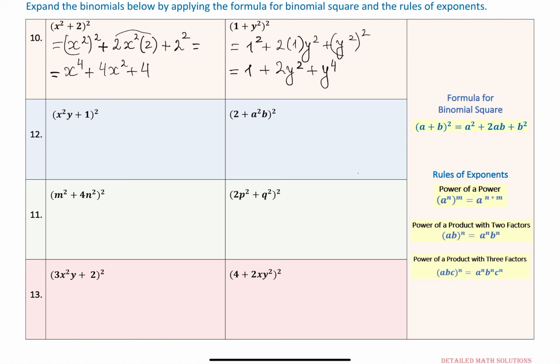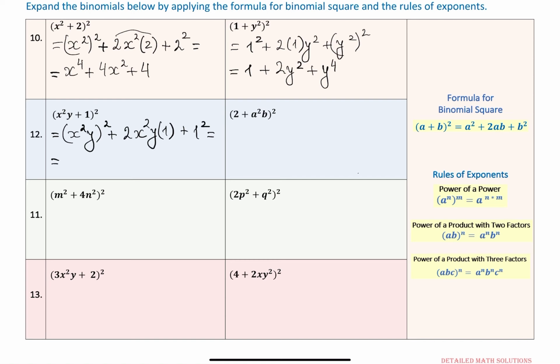Next exercise, (x²y + 1)². This equals first term squared, or (x²y)², + 2 times first term x²y multiplied by 1 + 1². This equals, let's take a look at the first term (x²y)².